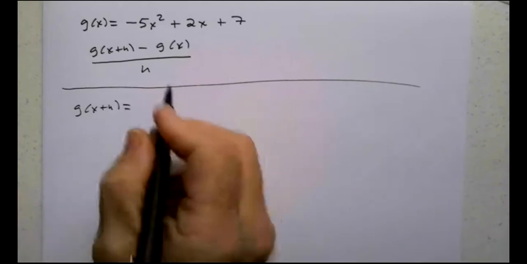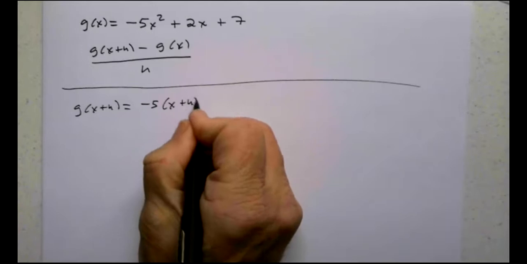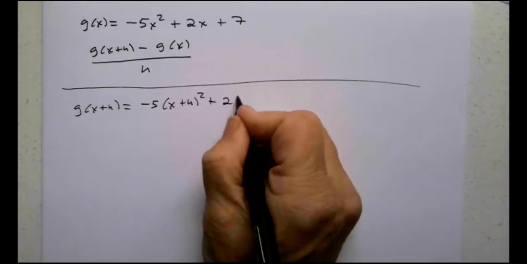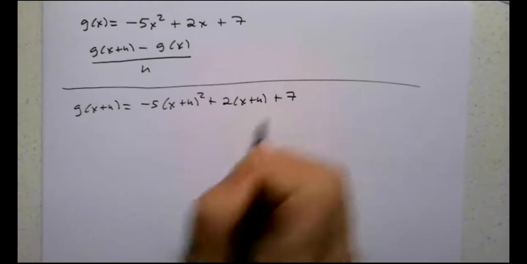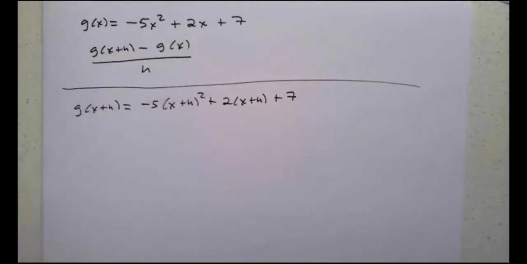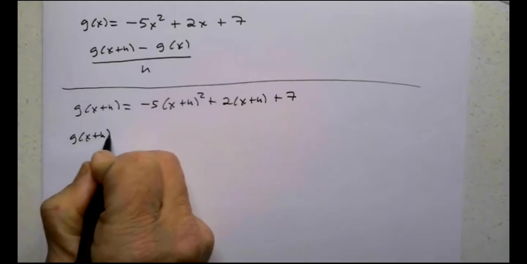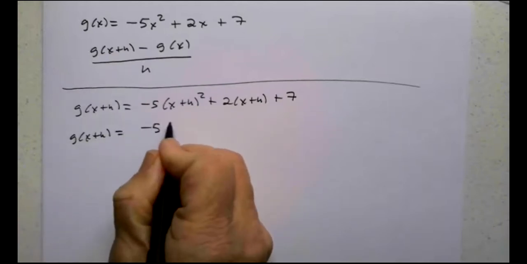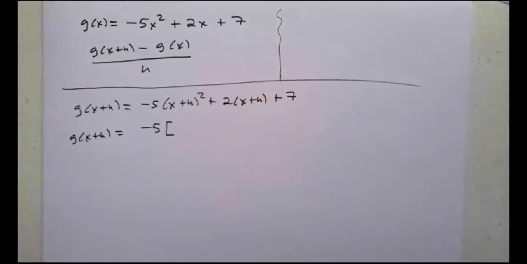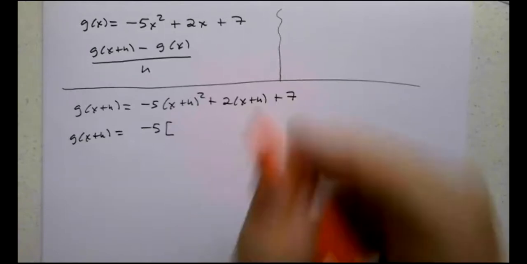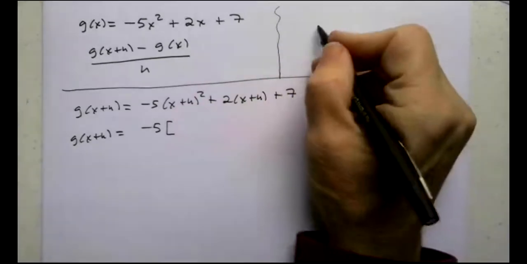What is g of x plus h? It's negative 5 times, replace x with x plus h, x plus h squared, plus 2 times x plus h plus 7. That is g of x plus h. I'm going to hold off on the other things a bit. So g of x plus h is negative 5 times what is x plus h squared. Just like I did on the previous portion, I'm going to go ahead and draw a square and see what is x plus h squared.